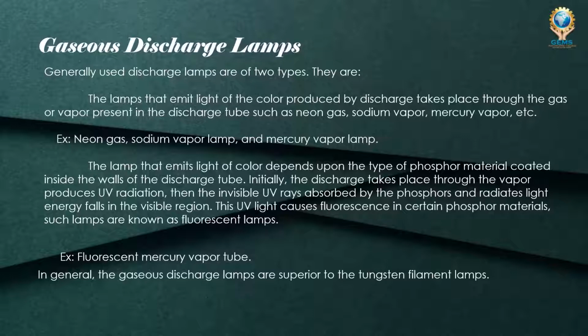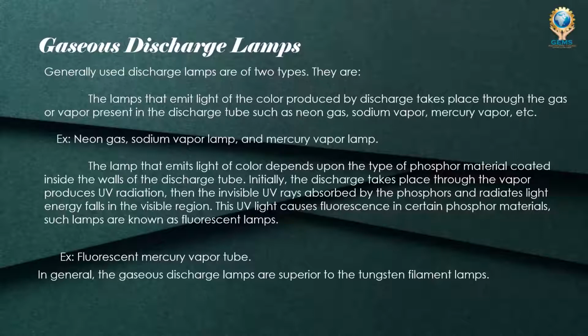The discharge through the vapor produces UV radiation, which means when the discharge happens in the gas or vapor, it will not produce direct light, it will produce ultraviolet radiation.